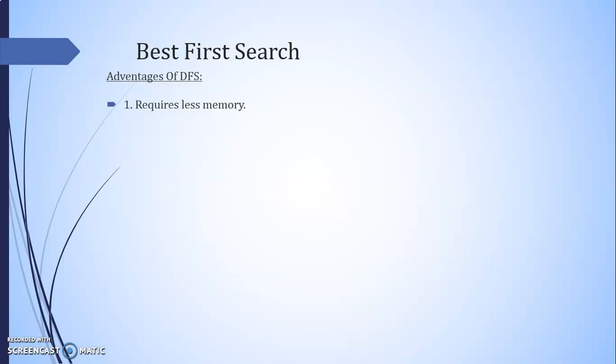Second, DFS allows a solution without examining all the nodes. That means if DFS has a solution, then it terminates the search without thinking about anything. So it only searches for a single solution.